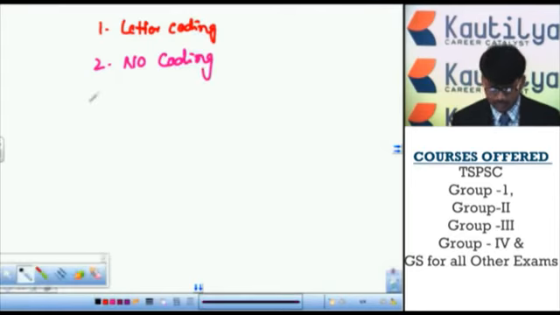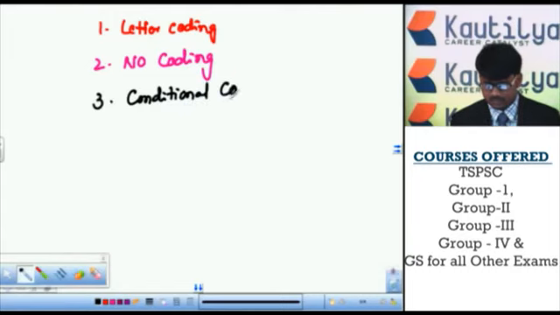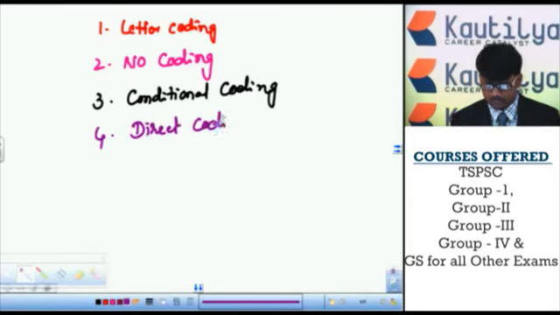Third one is conditional coding. Fourth one is direct coding. And fifth one is word coding.